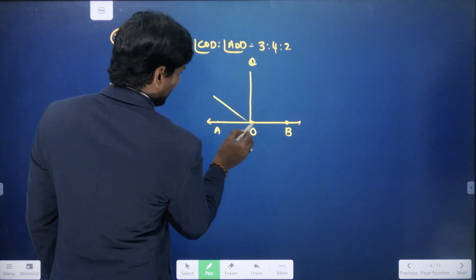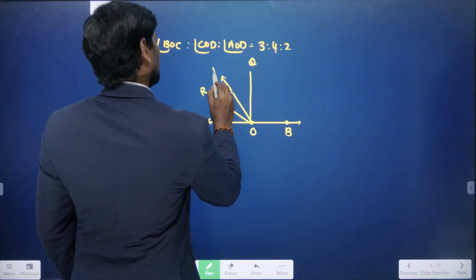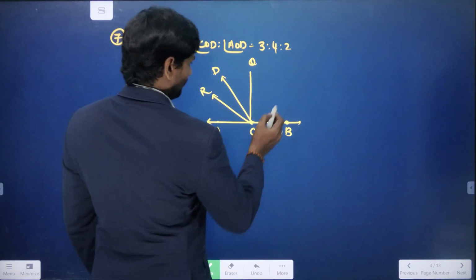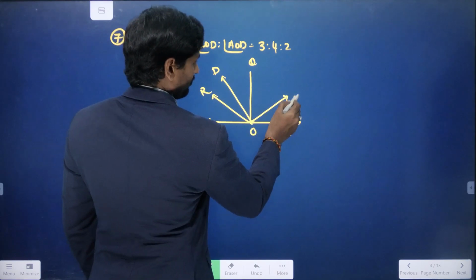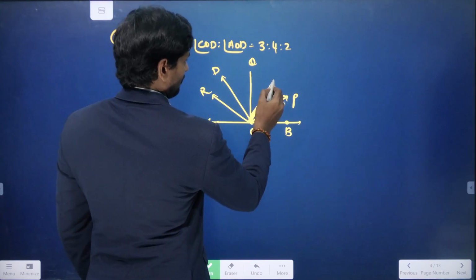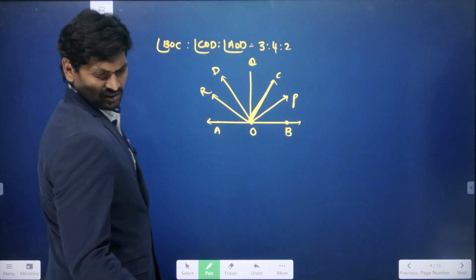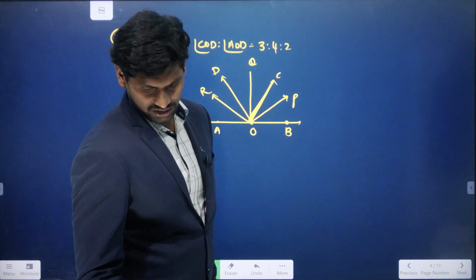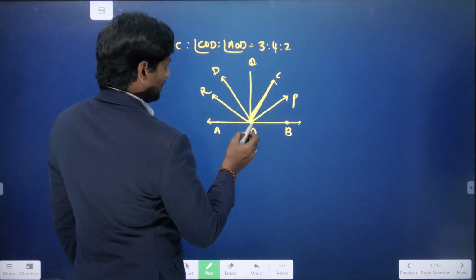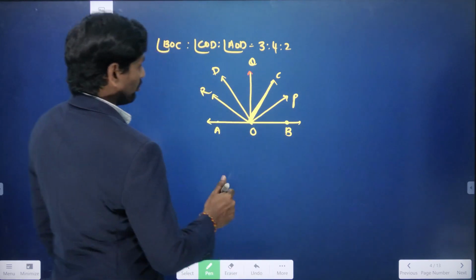On the left hand side we have OR and OD, this is R and it is D, and on the right hand side P and C. Also given here that OP, OQ, OR lines are bisectors.